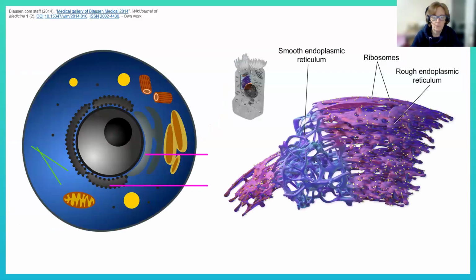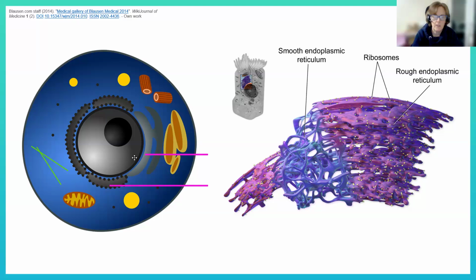So we had a look at this structure in the first session, and this is the smooth endoplasmic reticulum in blue in the middle, a slightly different color to the rough endoplasmic reticulum. The rough endoplasmic reticulum has got these little yellow dots here, ribosomes attached.